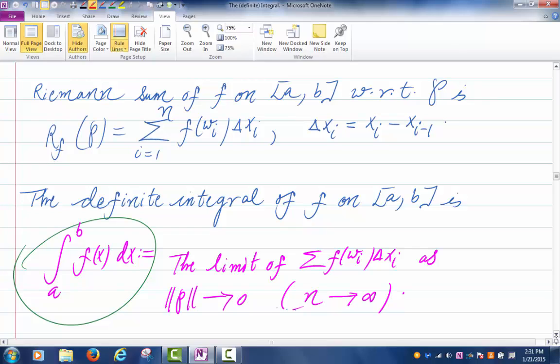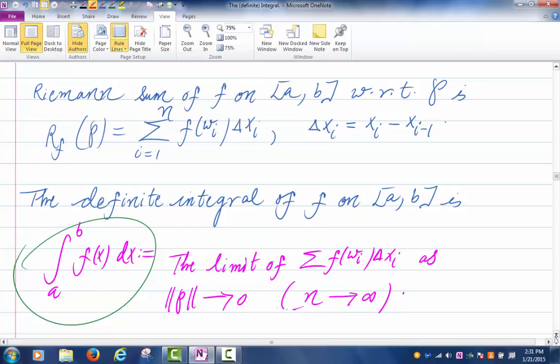In other words, as you pick more and more partition points, you get smaller and smaller subintervals. Subintervals are shrinking. And in that process, the Riemann sum is converging to a number, and whatever that number is, that's defined to be the definite integral of f. So if f is the density function, then the integral gives you the mass. If f is a non-negative function, this integral gives you the area below the graph of f, above the interval from a to b, right?